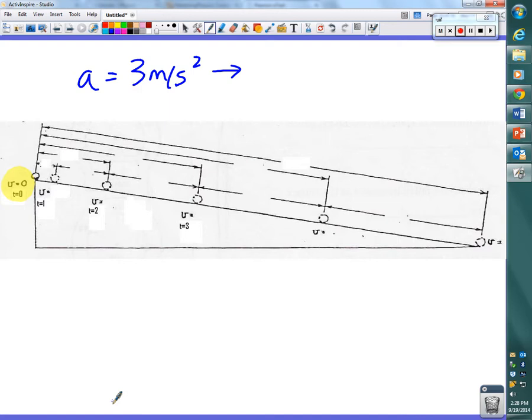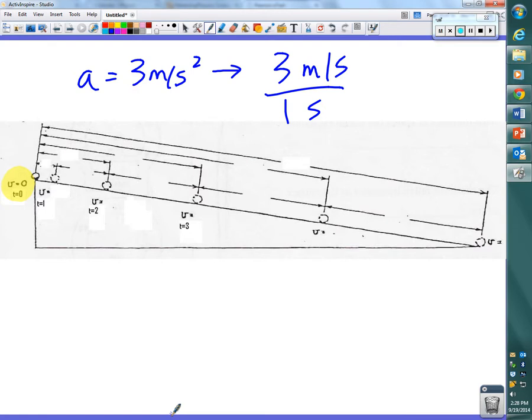Okay. In this case specifically, our velocity is going to increase by 3 meters per second for every second that goes by. In this case specifically, because as it rolls down the hill, what's happening to its velocity? It's increasing.